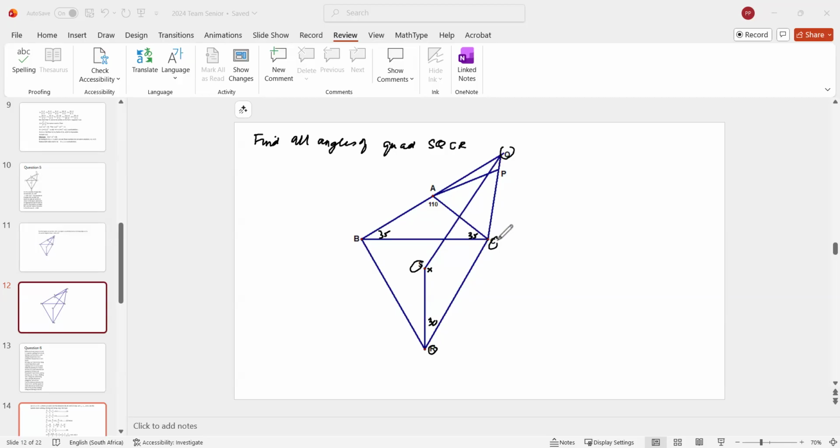Okay, let's have a look at this one here. This is easy. This is 60, this is 60. Right, so we've got two angles of that quadrilateral. If you can get this one, then we can calculate that one. Now, these two angles are the same.